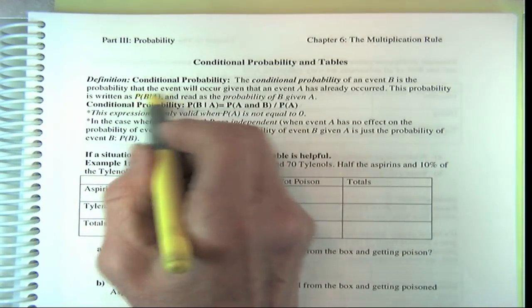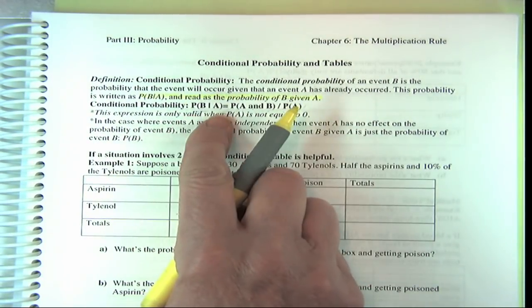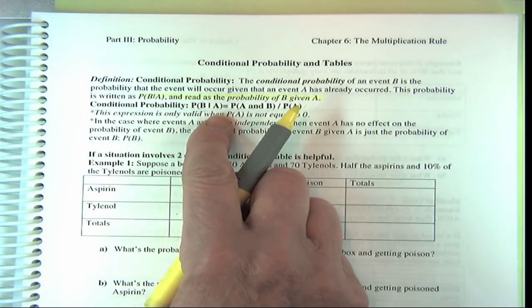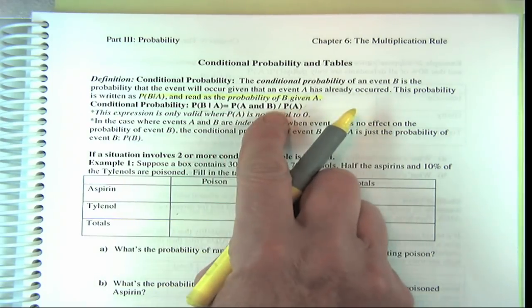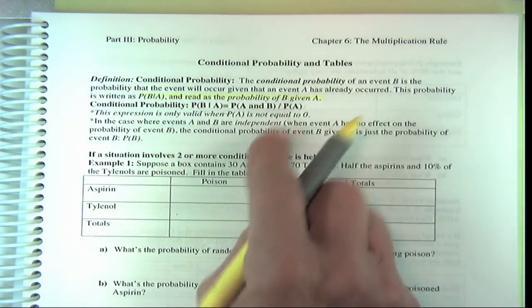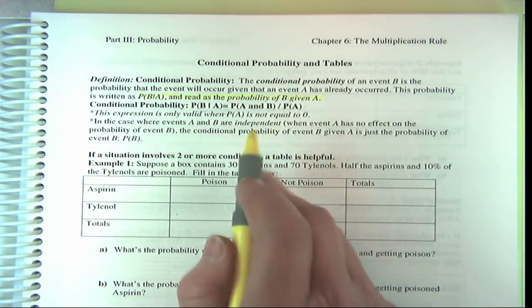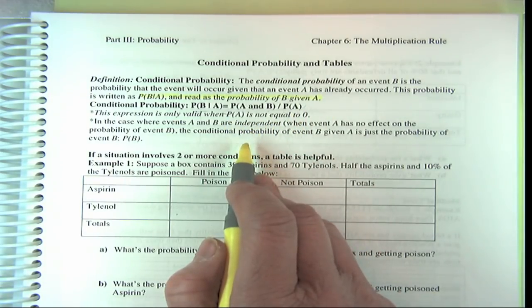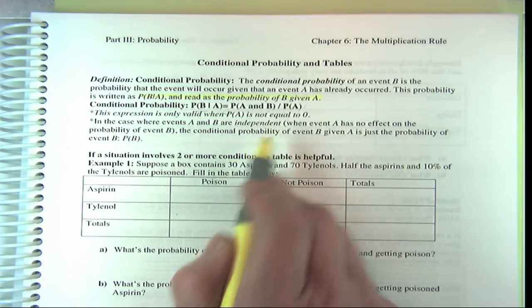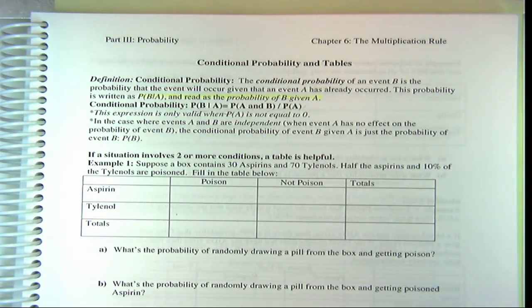Okay. And we say the probability of B given A is the probability of A and B over the probability of A. And of course, it's only valid when the probability of A is not zero. What does that even mean?